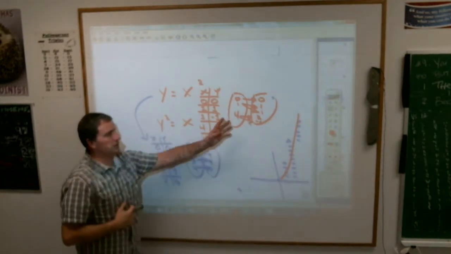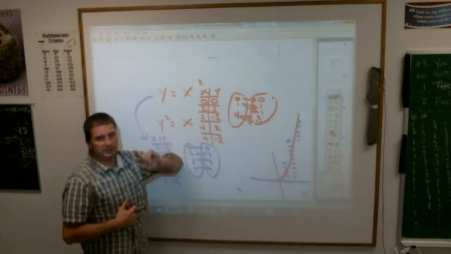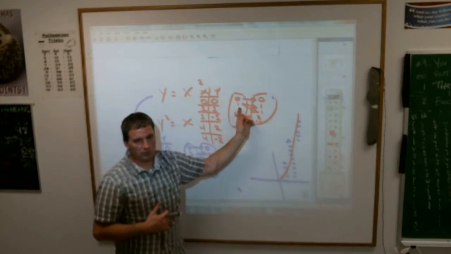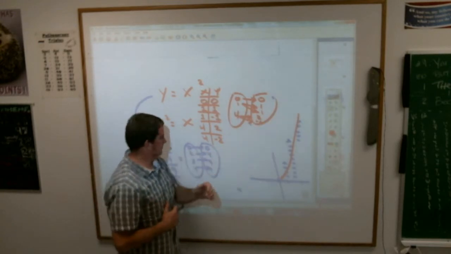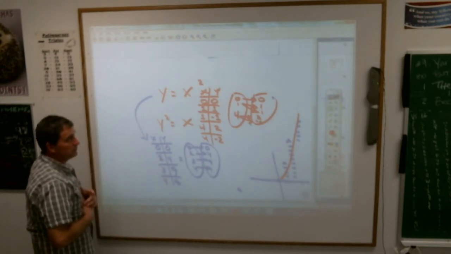This, because of what just happened there, is not a function because one thing here has 2 arrows going over to 2 things there. Wouldn't be a function.